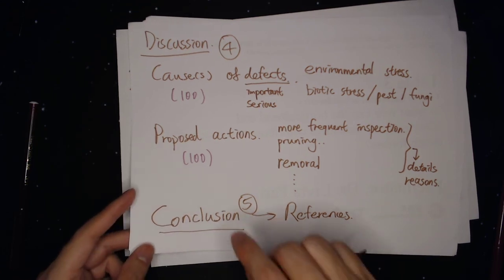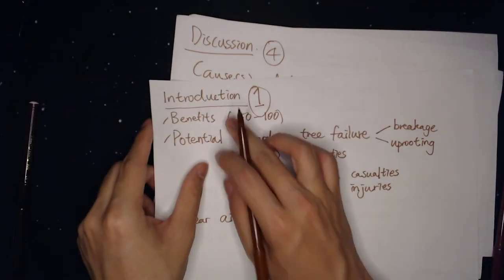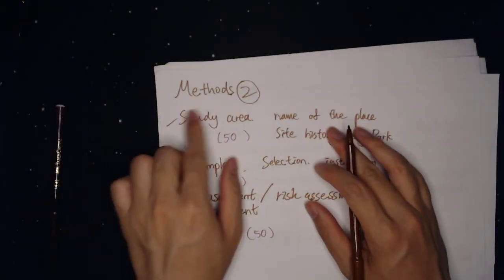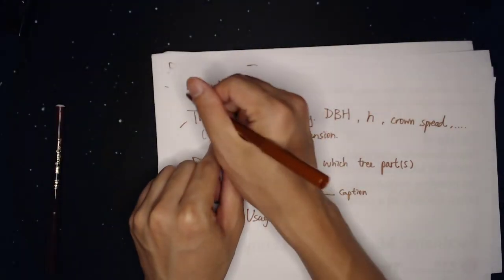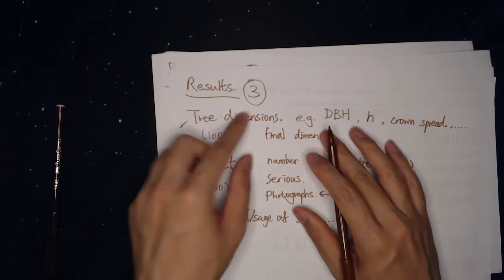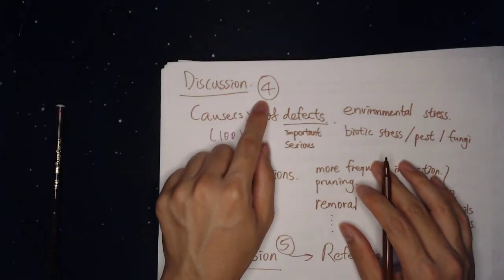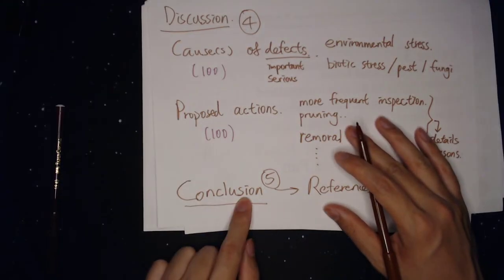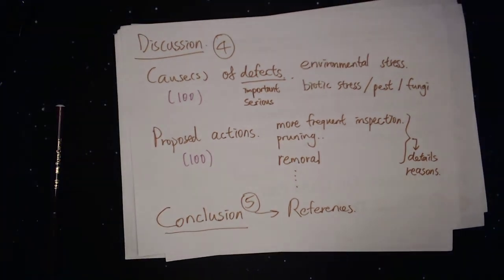So all these: introduction, and then methods, section number 2, and then results, section number 3, and then discussion, section number 4, and finally we have conclusion, and then references. That should be the structure of your individual assignment.